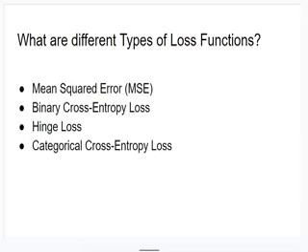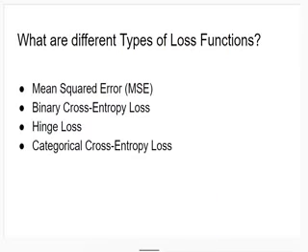Now hinge loss is a loss or cost function that encourages correct classifications by penalizing the predictions that are too far from the decision boundary. So that's called hinge loss.